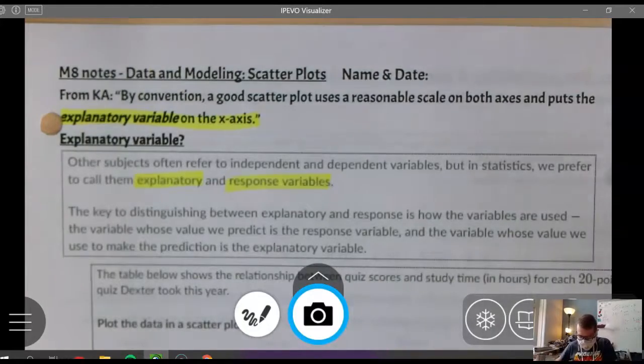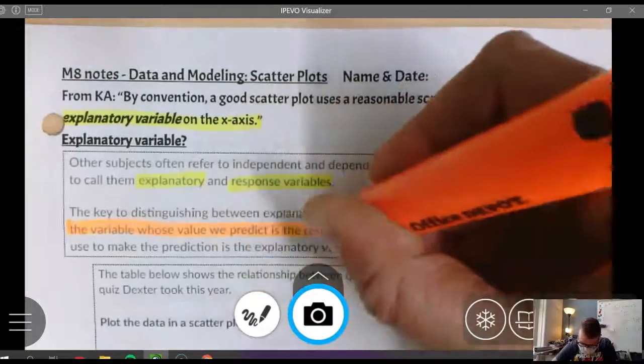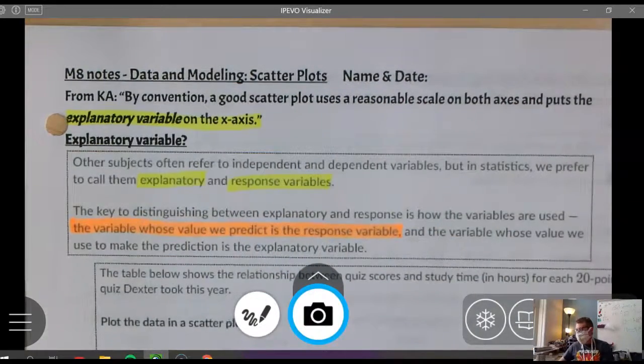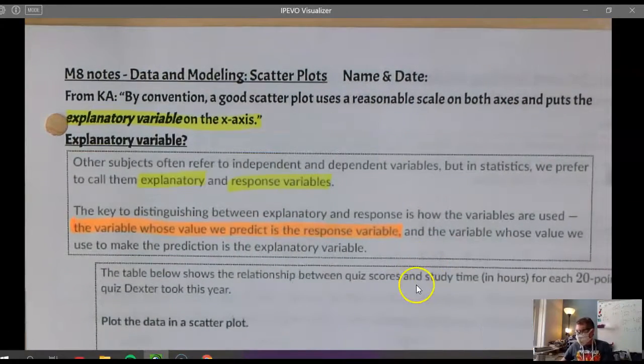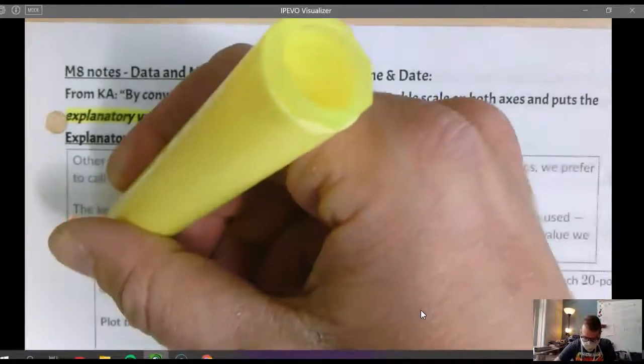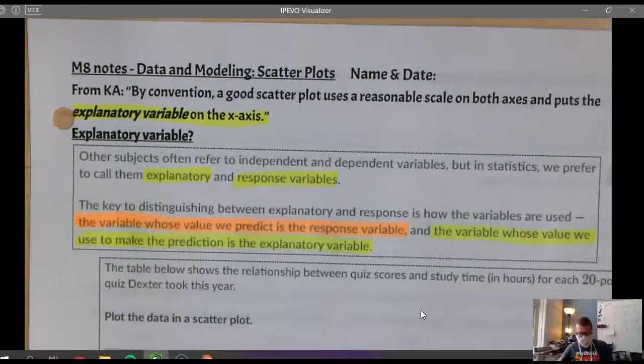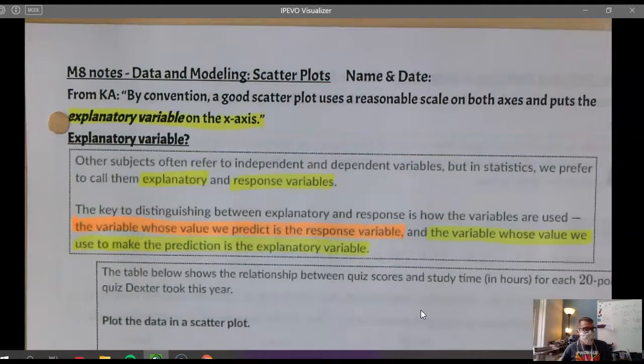So then they go on to explain the variable whose value we predict is the response. The variable we use to make that prediction is your explanatory. So it's like dependent and independent, but we just can't necessarily say that because it might not be true.